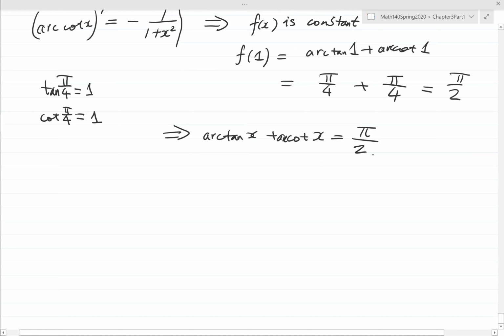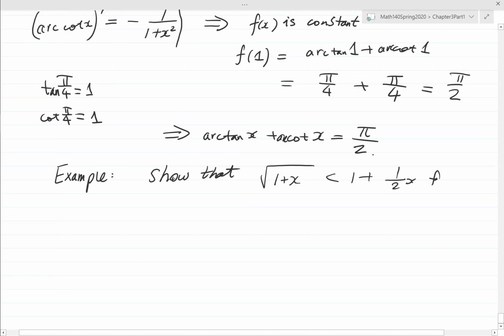Example. Show that square root of 1 plus x is bounded from above by 1 plus half x for all x greater than 0.